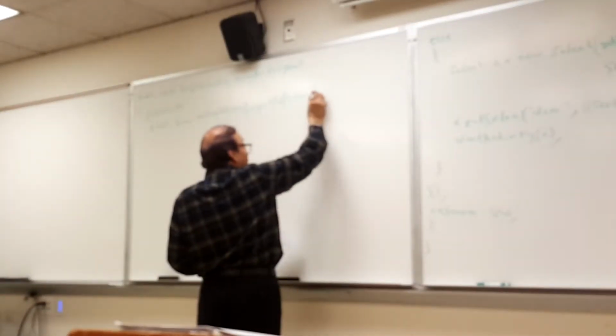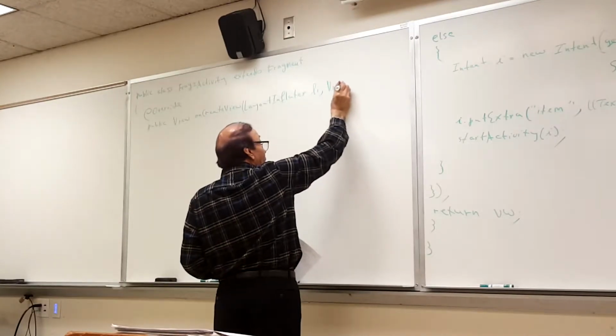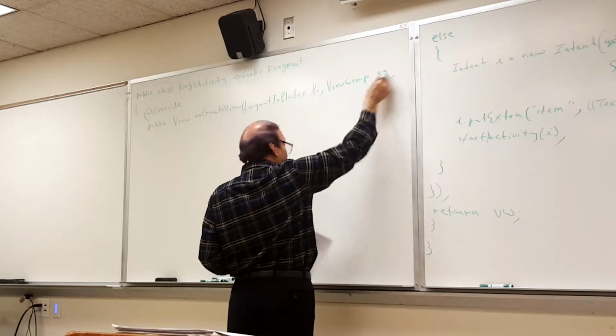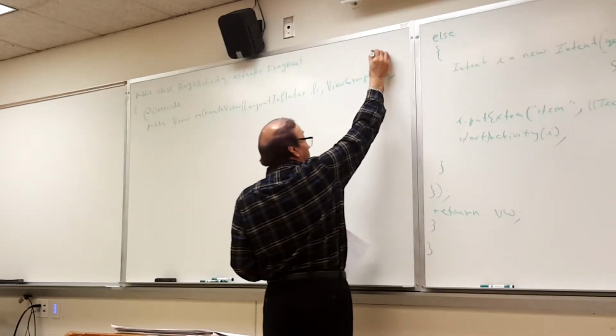Li, comma view group vg and bundle b. And I'm going to put bundle b.